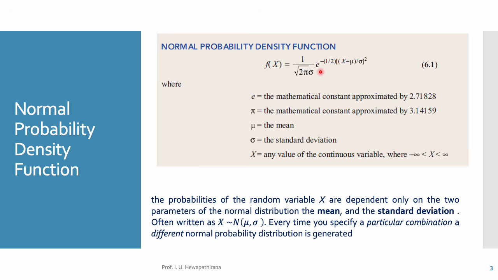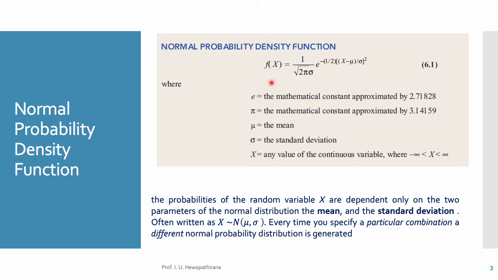So e is a constant and it has a value. Pi is also a constant and it also has a value. Mu stands for the mean of the distribution and sigma stands for the standard deviation of the distribution. Capital X can take any value between minus infinity and plus infinity. So this is the PDF.